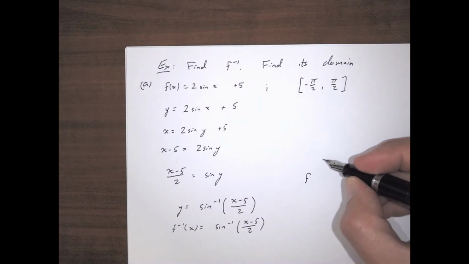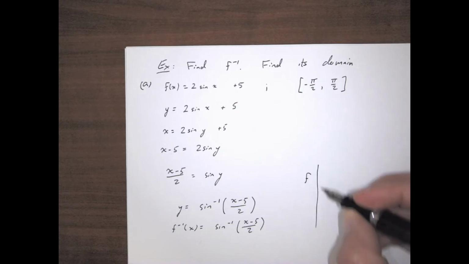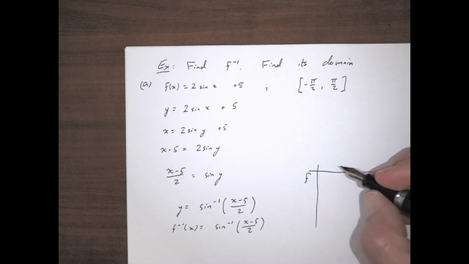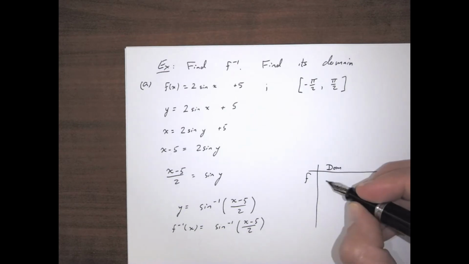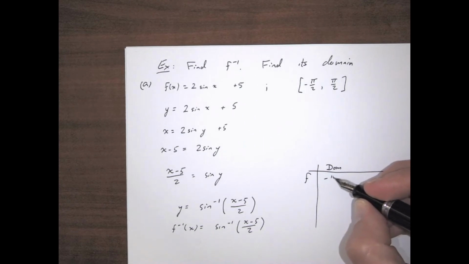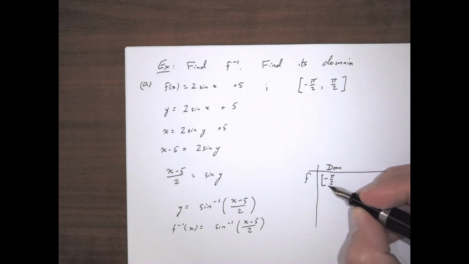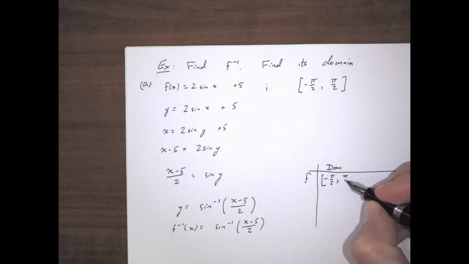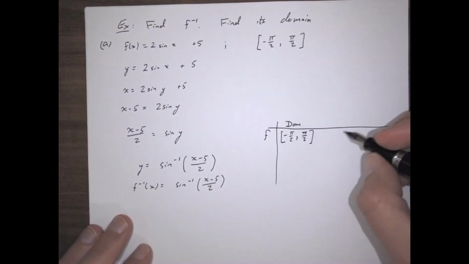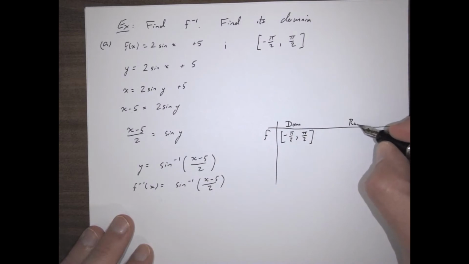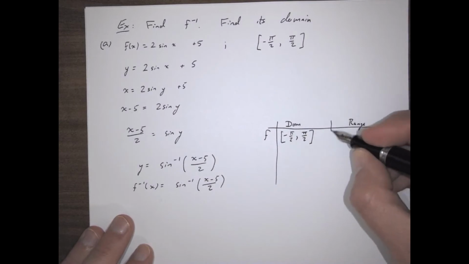Now, when it comes to the original f, we can find its domain and range. I mean, the domain is already given to us, and its range we can find by just reasoning it out. So the domain is right here, negative pi over 2 to pi over 2. Didn't require any work on our part. And then for the range, we can just think about this.